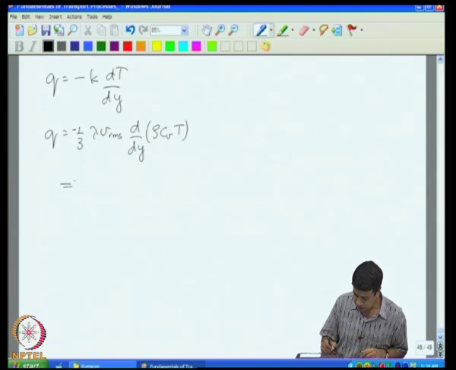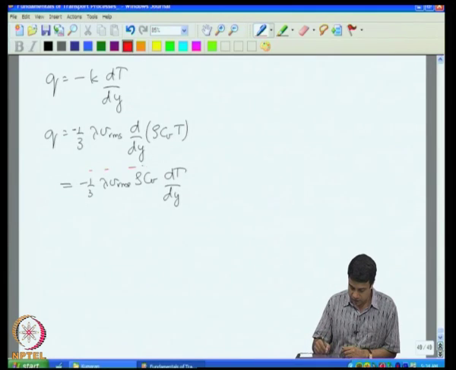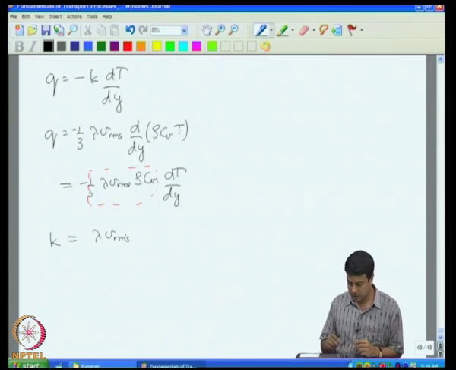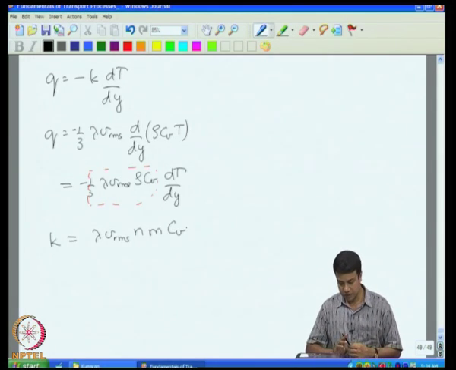So this is approximately equal to minus 1 by 3 lambda Vrms rho Cv dT by dy. And this whole thing is the thermal conductivity K. So in kinetic theory of gases, the thermal conductivity is equal to lambda Vrms into the density. Density is number density times the mass times the specific heat. So that is the expression for the thermal conductivity.